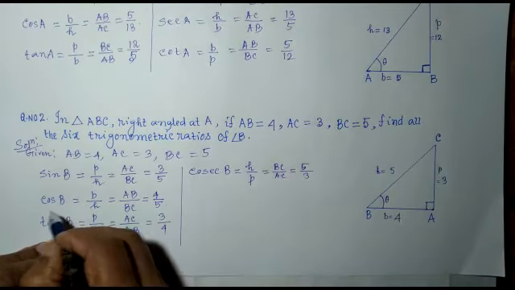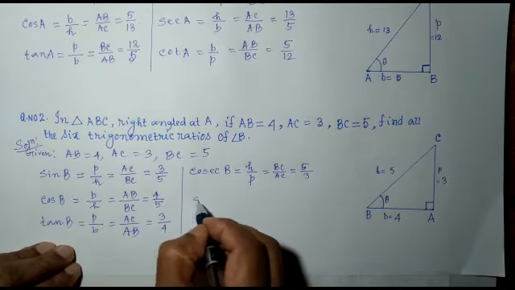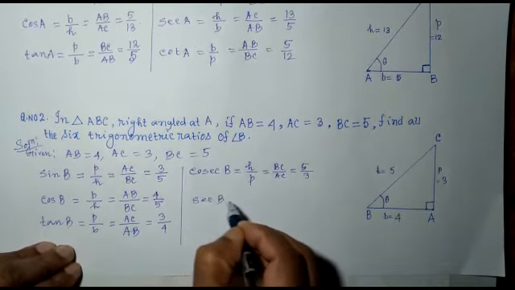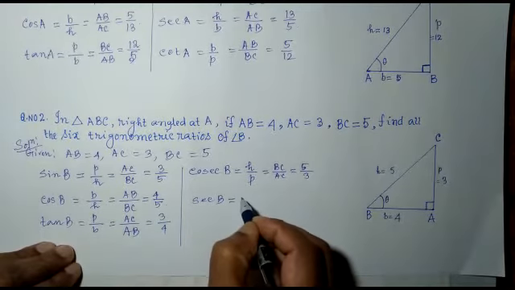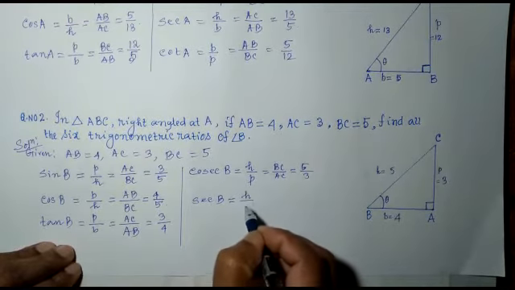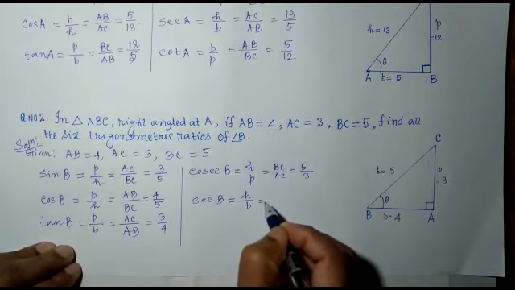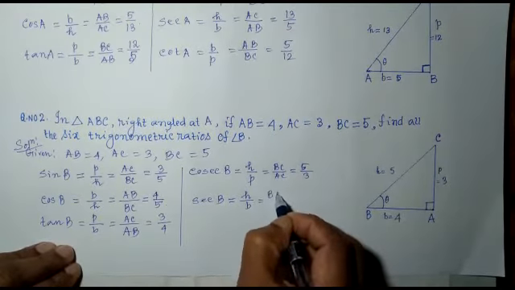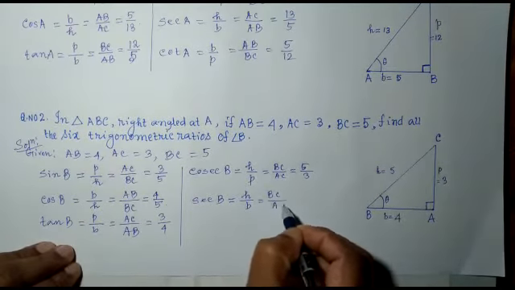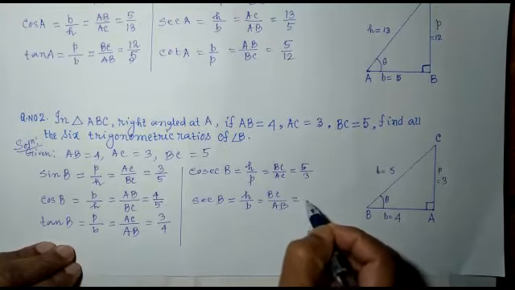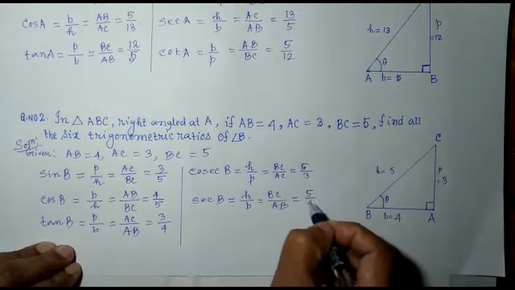And then reciprocal of cos B is sec B. Sec B, just make opposite here, hypotenuse by base. So we will have BC by what? AB, and is equal to 5/4.